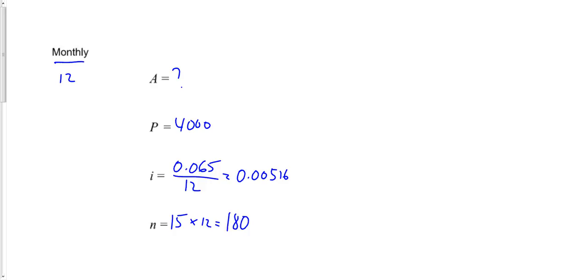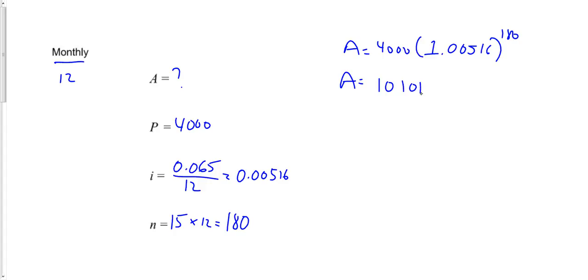Now we've increased the compounding periods. If I plug that into my formula, I'm going to get 4,000 times 1.00516 raised to the exponent 180. Let's see what impact that has had on the total value of the investment. That gives me a grand total of $10,101.73.